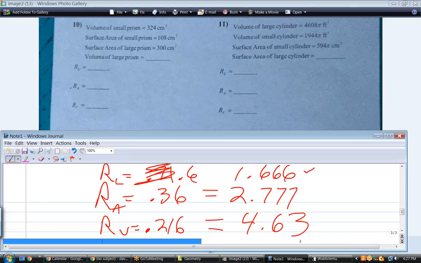And in fact, this one's easier to get this answer because all I have to do is take that and multiply it by my 4.63. It's the same as dividing it by 0.216, but to me it just seems like it's less likely to make a mistake if you do it big to small.